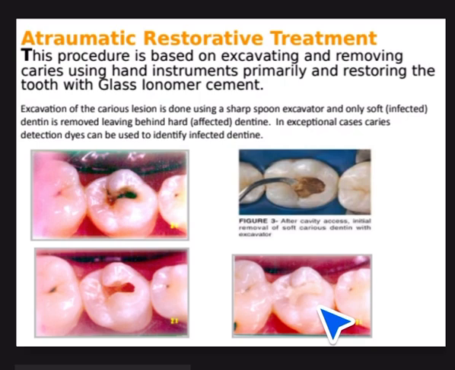We are not using anesthesia. We simply use a sharp excavator, remove infected dentine. This is the cavity and fill it with glass enamel. Now glass enamel: antibacterial, permanent filling, tooth color restoration, remineralizes dentine, and there is no leakage. The treatment is done in less than 5 minutes.